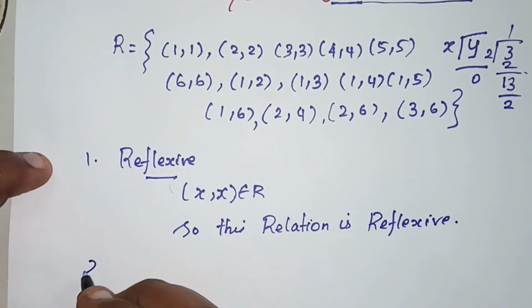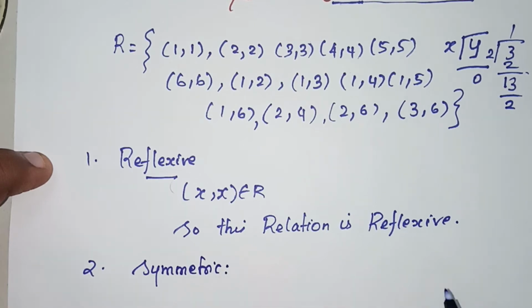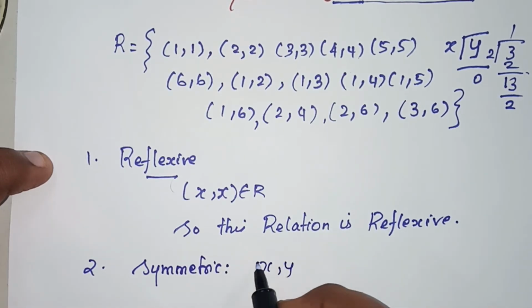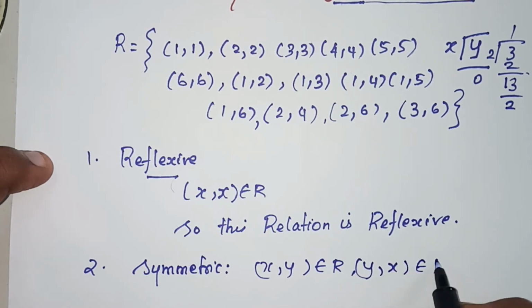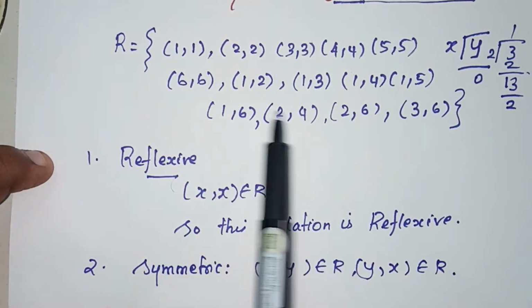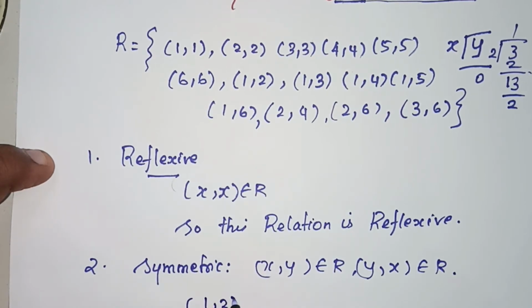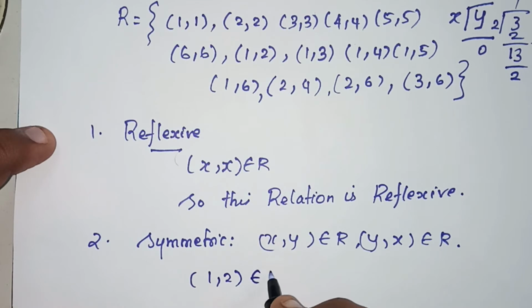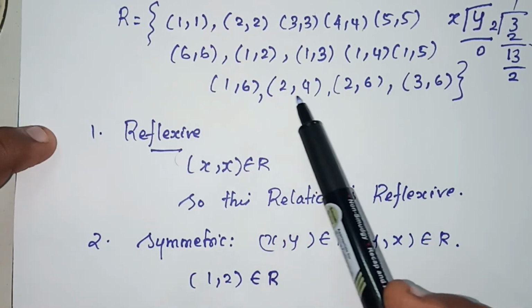Okay, next, symmetric. Symmetric means (x, y) belongs to R means (y, x) also belongs to R. So we take one example in this pair. (1, 2). (1, 2) belongs to this relation, right? Does (2, 1) belong to this relation?